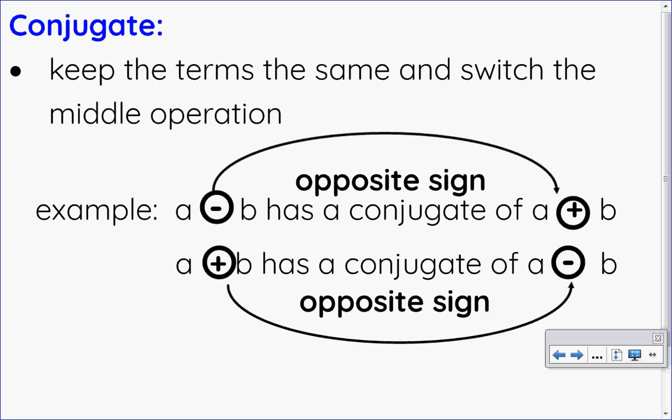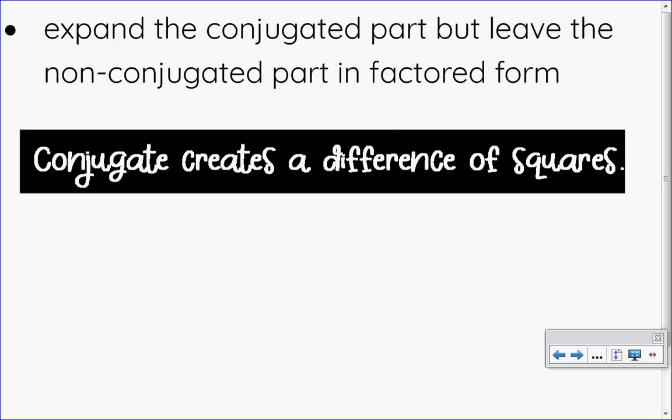That one is pretty useful if you have a binomial numerator or denominator and there's nothing left for you to try. You could also, when you do that, expand just the conjugated part, leaving the non-conjugated part in factored form. So expand what you're trying to do the conjugate of, because conjugate creates a difference of squares, and it's a different way of writing that denominator or numerator.